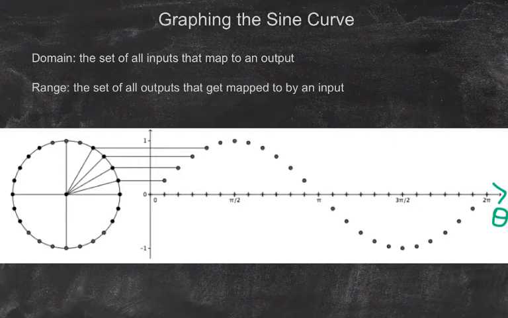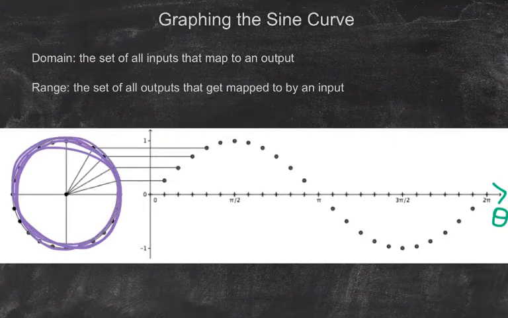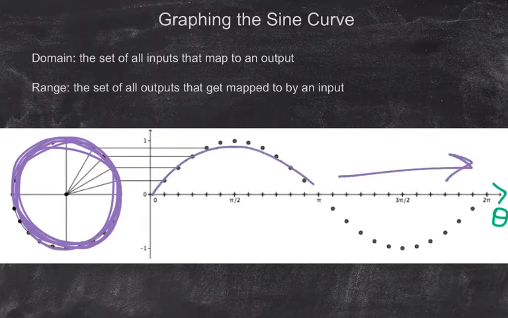So if I'm at this point here, that's 0 degrees, and I can go past 0 degrees or 0 radians, and I can even go past 2 pi radians or 360 degrees. I can just keep going around and around and around, so theta gets bigger and bigger, and this pattern repeats over and over again.